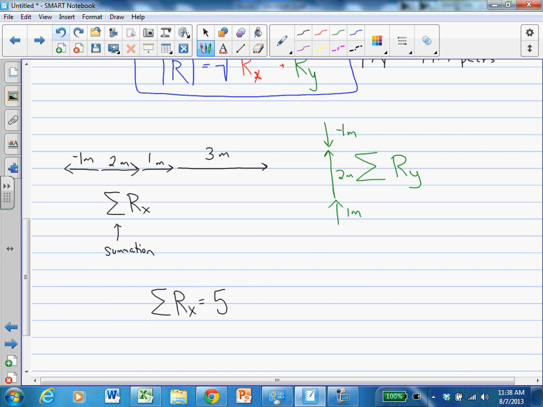The summation of our y would be 1 meter plus 2 meters is 3 meters, minus 1 meter would be 2 meters.